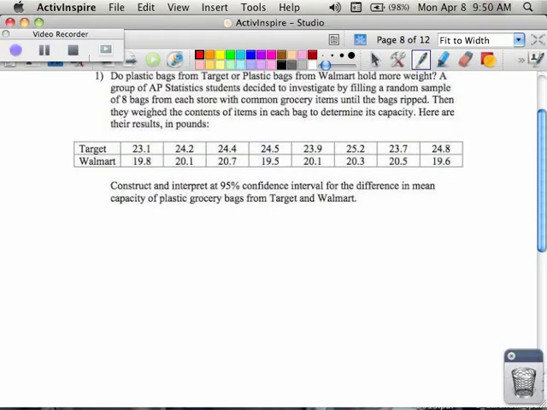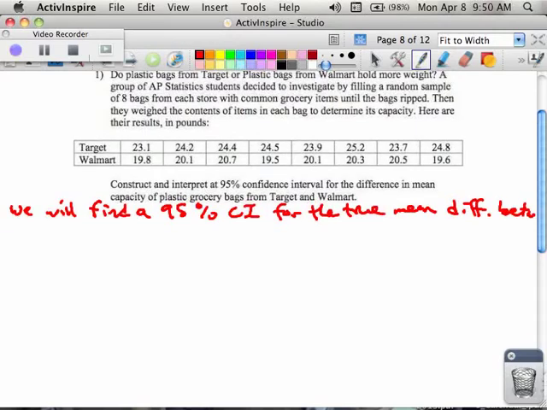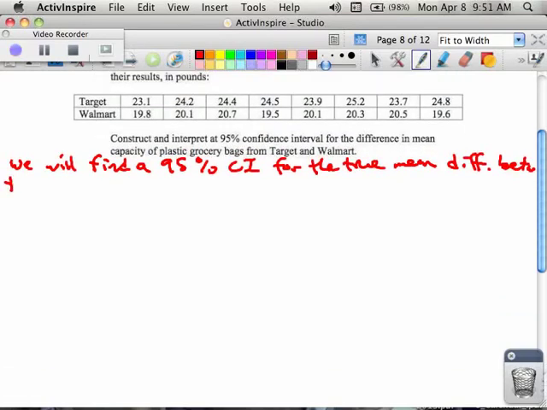So in this one, we will find a 95% confidence interval for the true mean difference between Target and Walmart in carrying capacity, I guess.